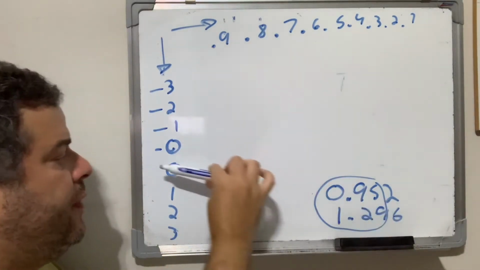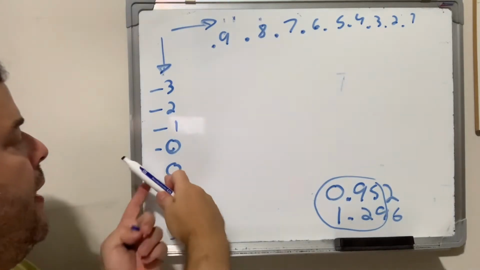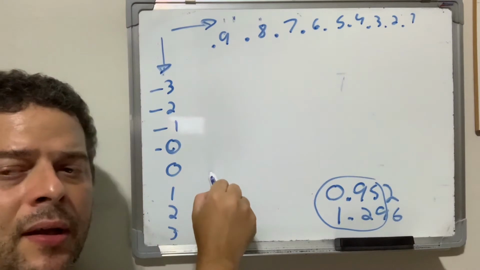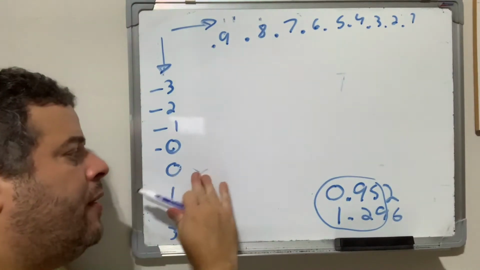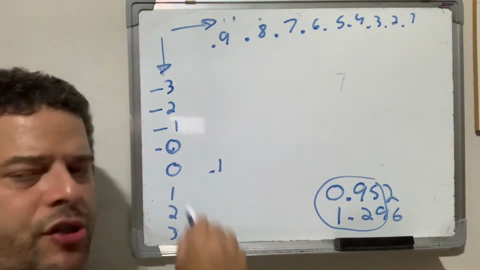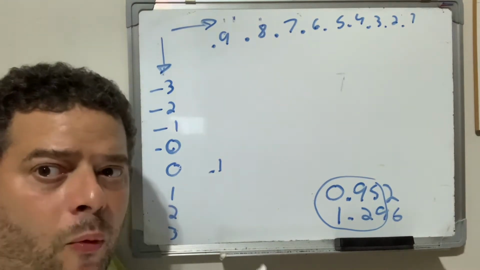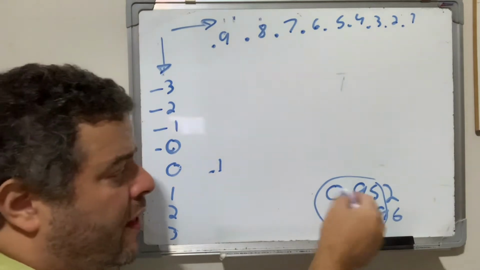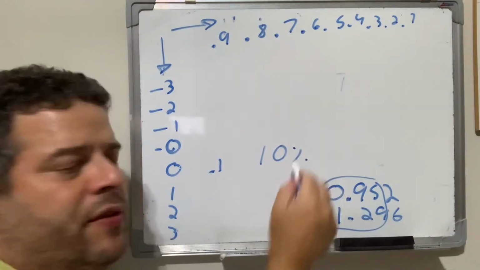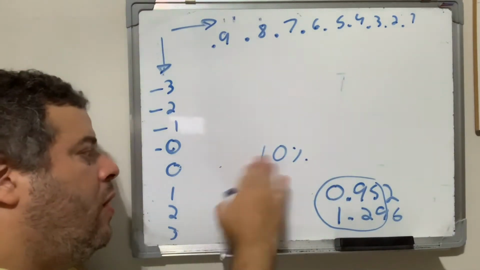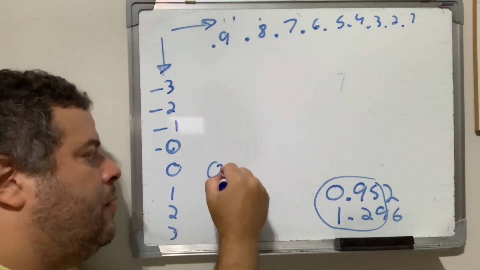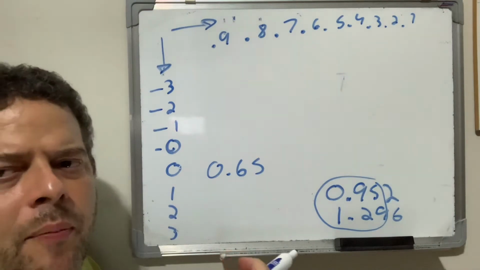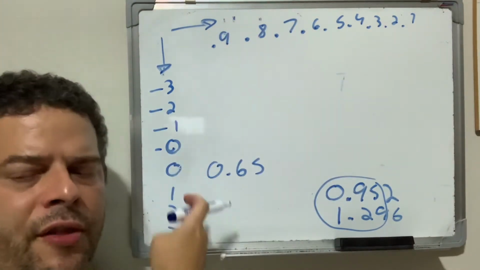So I'm going to focus on the 0 and then 0.9. When these two values cross in a table, it's going to give me a value there, which is a proportion of the 100%. So 0.1 would be 10% of all measurements. Or if you get a number like 0.65 there, that's 65% of all measurements lie under that value.